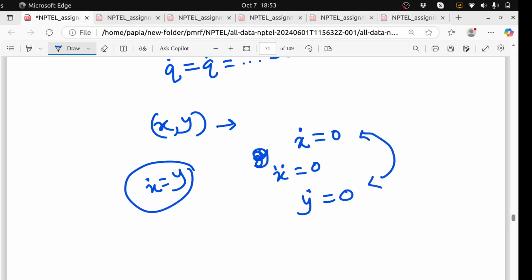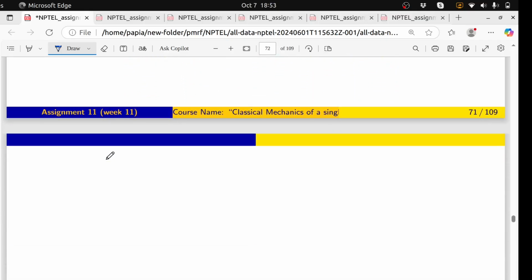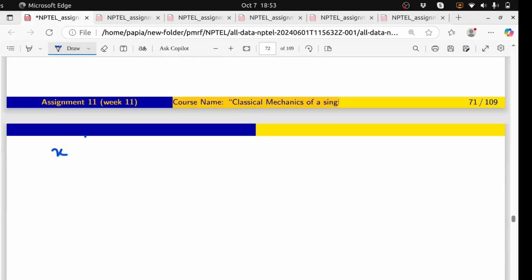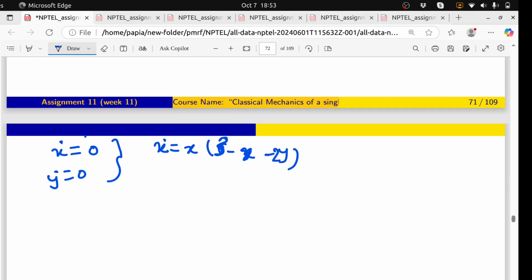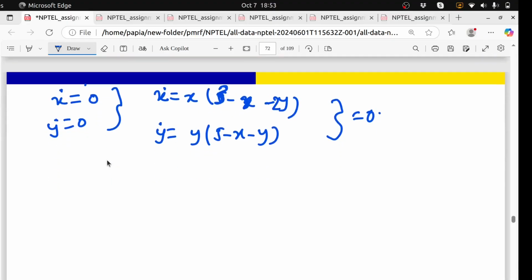So we can say that x dot equals 0, y dot equals 0. Now what are x dot and y dot? x dot was x into (3 minus x minus 2y), and y dot is y into (5 minus x minus y). So these two should be simultaneously equal to 0.